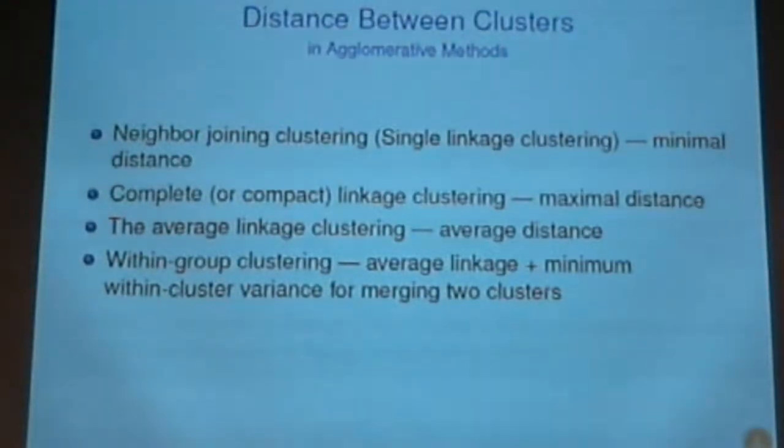They all basically try to minimize the within sum of squares. The idea is to make clusters as compact as possible; complete linkage tends to come up with tighter clusters, and in general, single linkage sometimes ends up with very loose clusters.